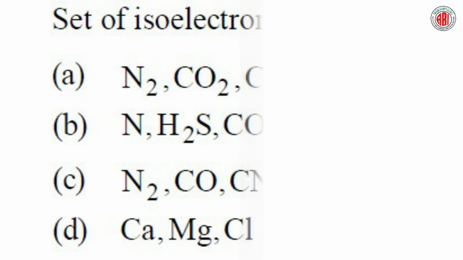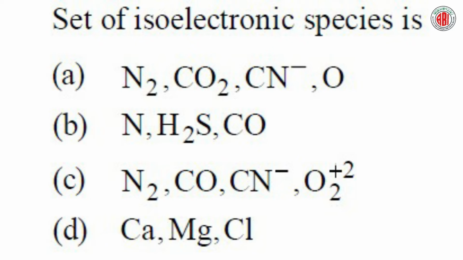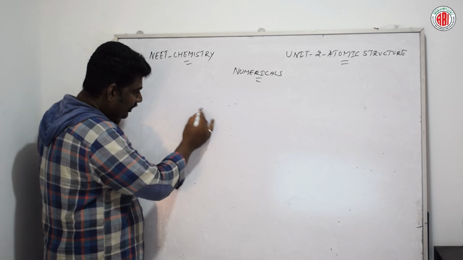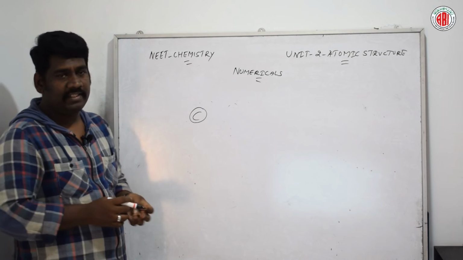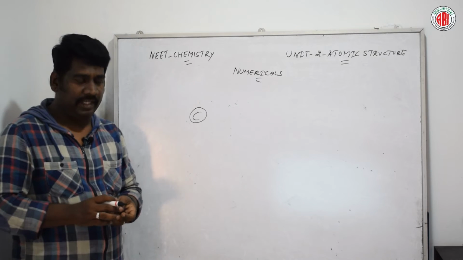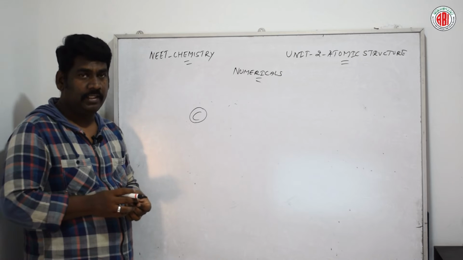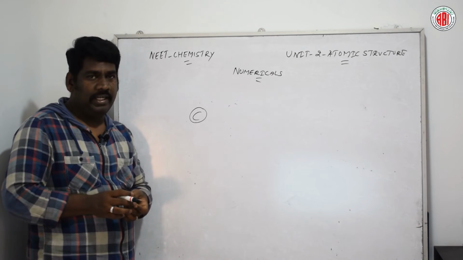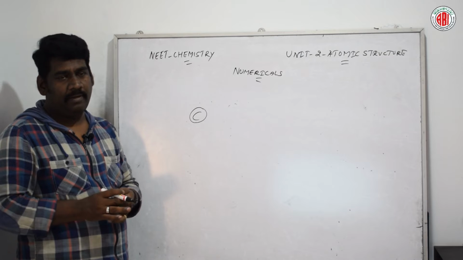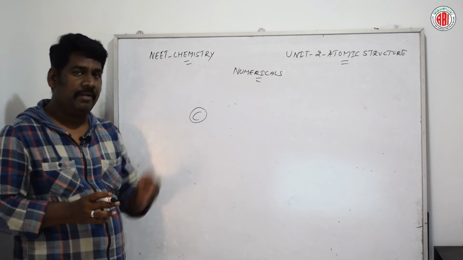Now look at this next question, guys. The set of isoelectronic species is, here are four different sets of isoelectronic species given. Let us see the right answer. According to this question, option C is the right answer, which has the set of isoelectronic species. Isoelectronic species are nothing but molecules which contain the same number of electrons.